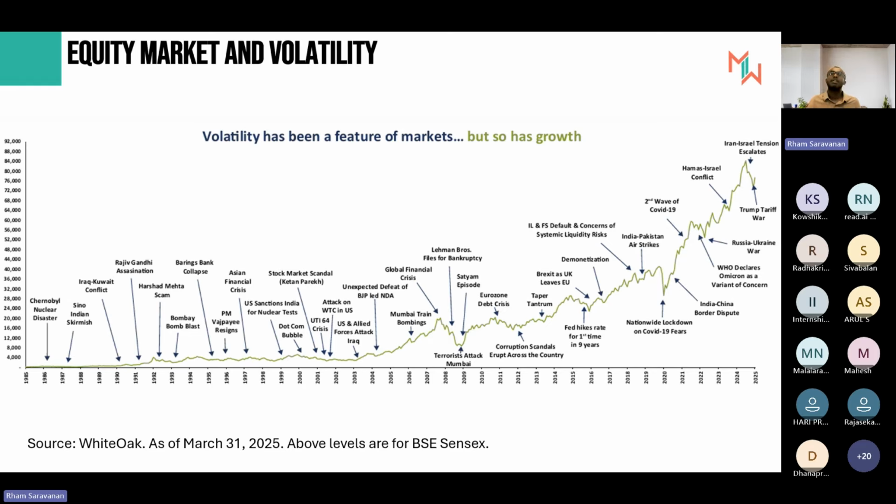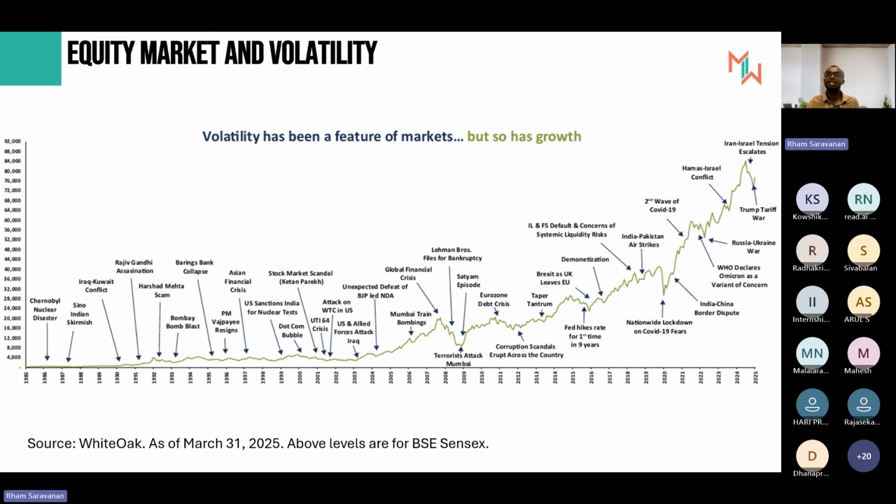Then, when confidence returned, we saw the eurozone debt crisis, the taper tantrum, demonetization, the IL&FS crisis, followed by the COVID-19 pandemic, nationwide lockdown, geopolitical conflict, interest rate hikes, and more recently global wars and geopolitical tension.